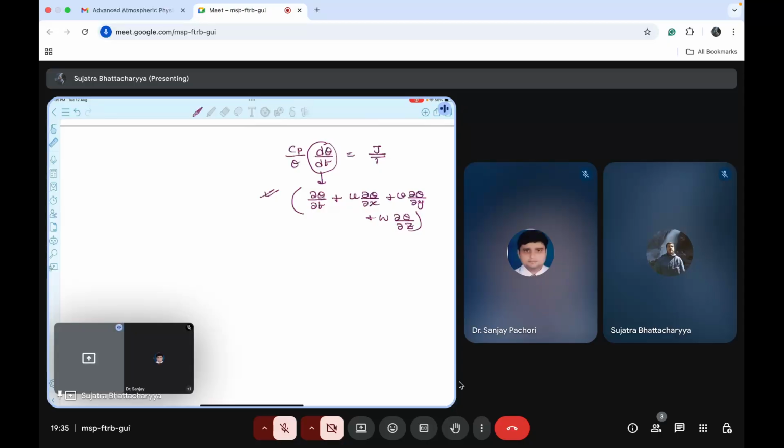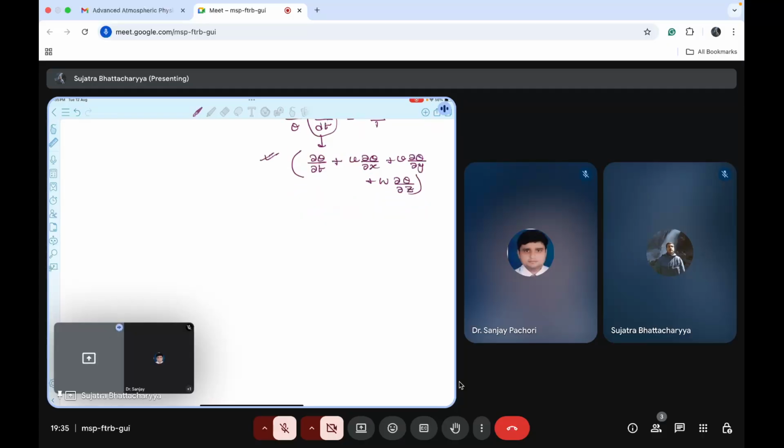Okay, mass conservation we have already seen in the last session. I will derive one more thing, the energy conservation equation. So we have looked at the thermodynamic energy equation in both ways. Generally, this will be applied in week 3.